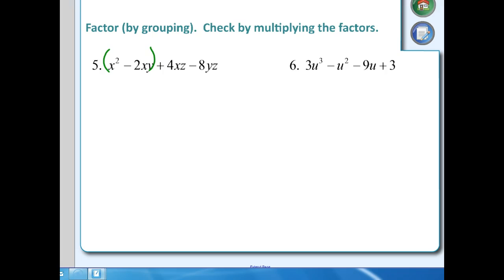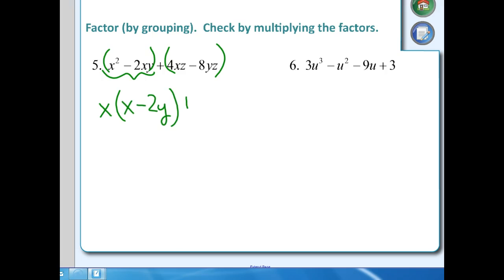They sure do. My back two terms have a common factor. So what am I going to factor out in the first two? What's common to both? Yeah, an X is common to both. So what's left in my parentheses? Remember, when we factor out that GCF, we go back and divide everything, so we're going to have X minus 2Y.